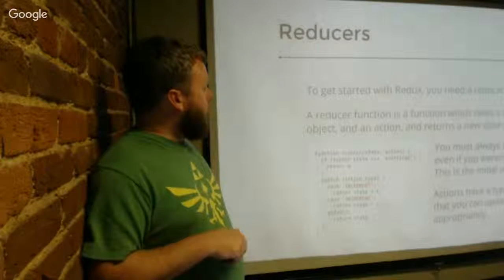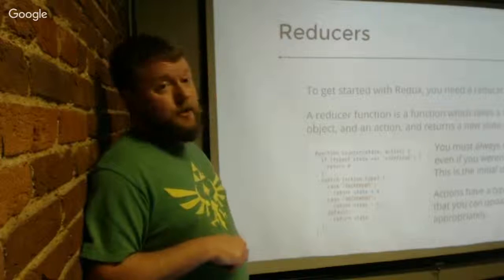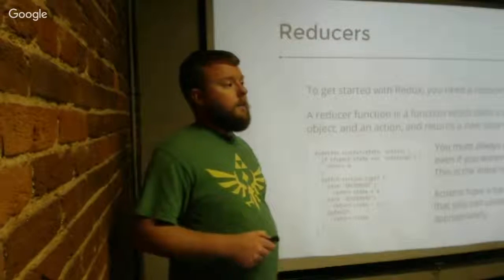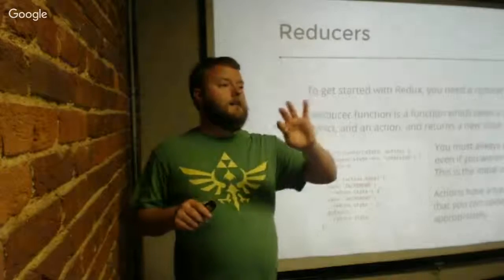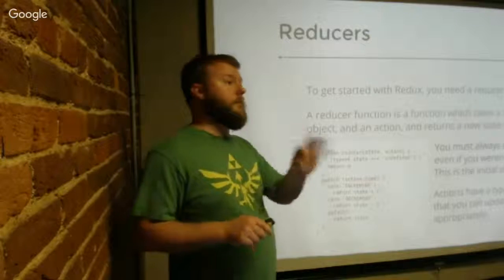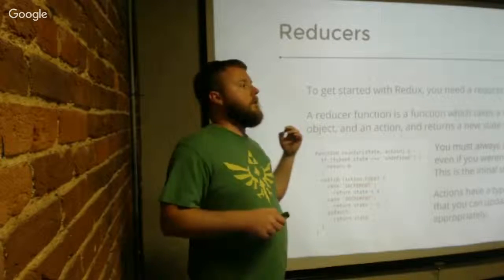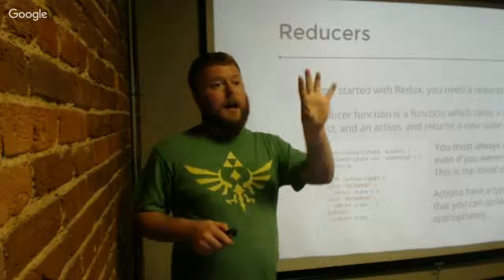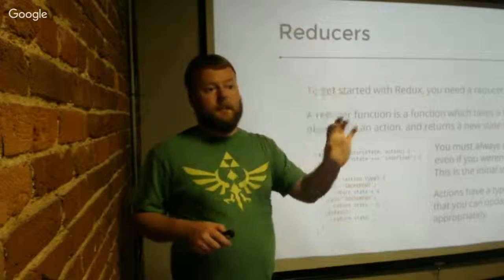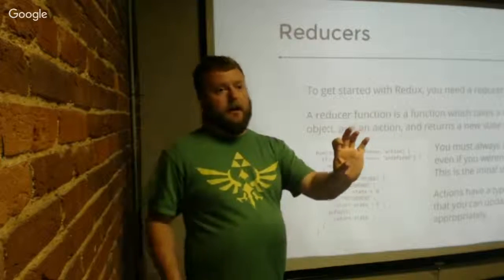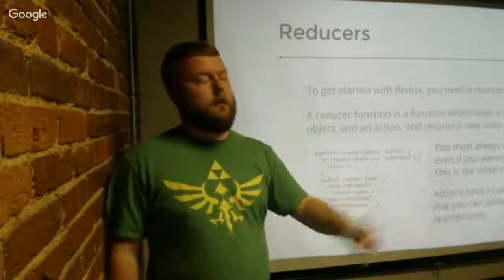So if state in this case, instead of being an integer, was actually an object, you don't modify that object and then return it back out. You create an entirely new object. And one of the reasons why you do that is because React is looking for data to change, not attributes of data, but the actual piece of the prop itself, and that's going to say, oh, this is dirty, I need to check it, right?